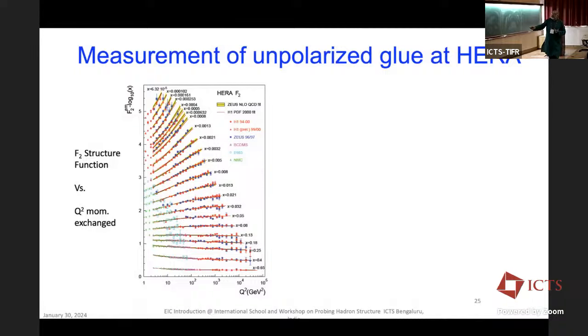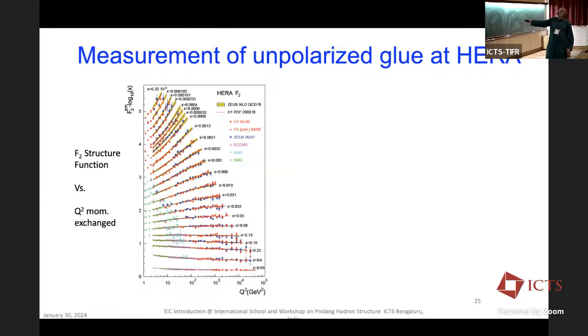This is the same F2 structure function plotted against Q squared. You see, this is the fixed target regime shown here, and the X regions are very high, X being 0.65, 0.18. This is the region where you see the Bjorken scaling. It's all flat.